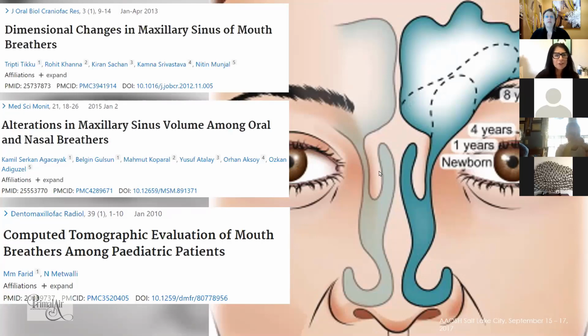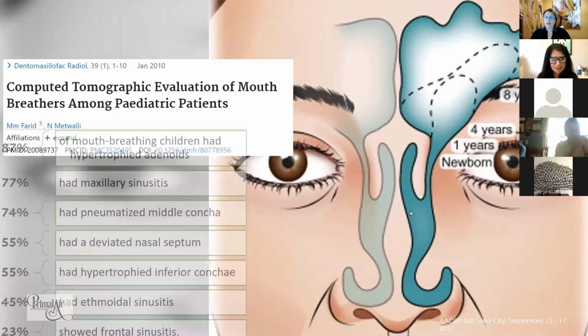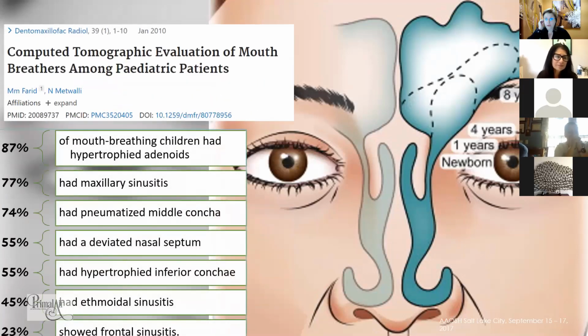Yeah. Sweet. Thank you. So here we are with these tiny sinuses, and we're asking people to breathe through their nose. We also know that in mouth breathing children, 87% had hypertrophied adenoids. They had maxillary sinusitis. They have pneumatized middle concha, which is the concha in the sinuses. Deviated septum.